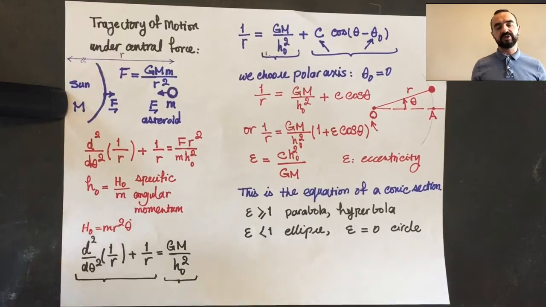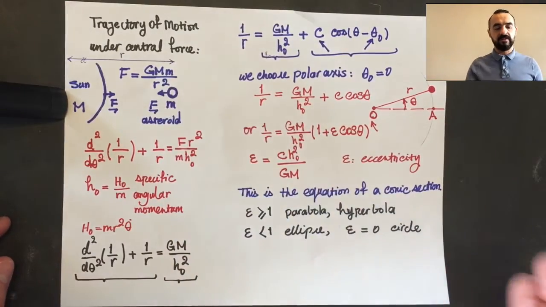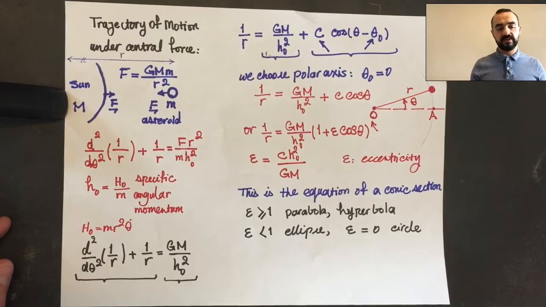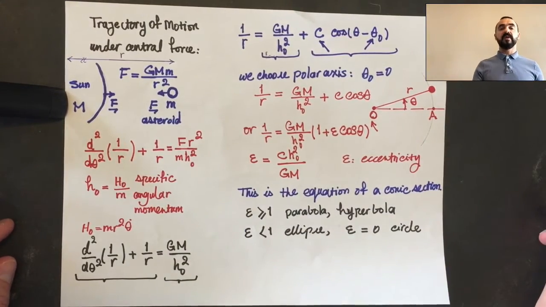And if this was describing the force between the Earth and a satellite which orbits about the Earth, then capital M is the mass of the Earth, and small m is the mass of your satellite or spacecraft, and r is the distance to the center of the Earth from your rotating mass.